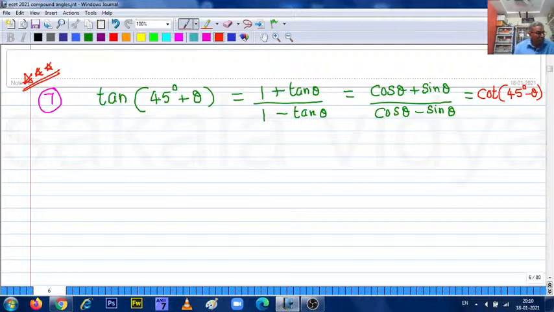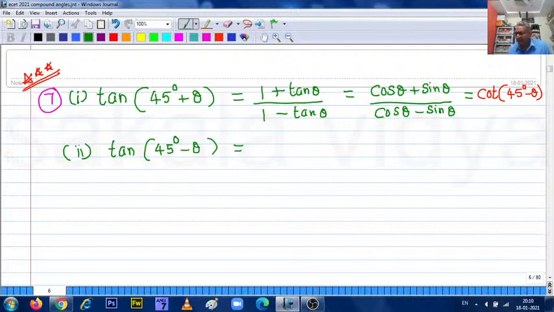So this is the first formula in that one. Now the second formula: tan of 45 degrees minus theta is equal to the reciprocal. Reciprocal means 1 minus tan theta by 1 plus tan theta.